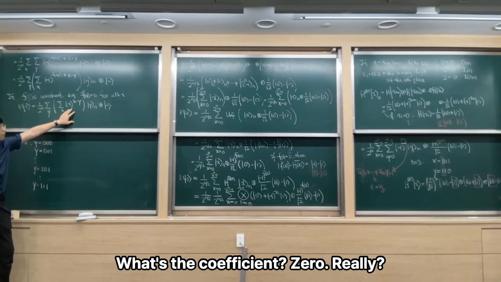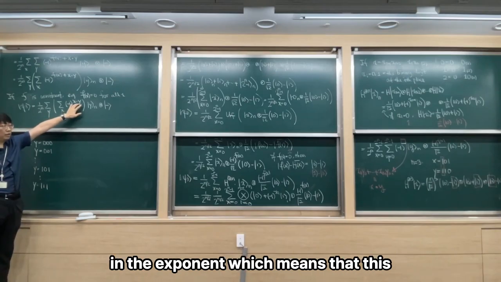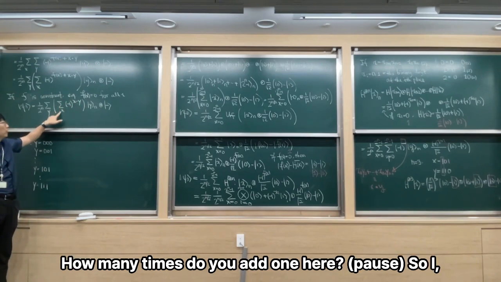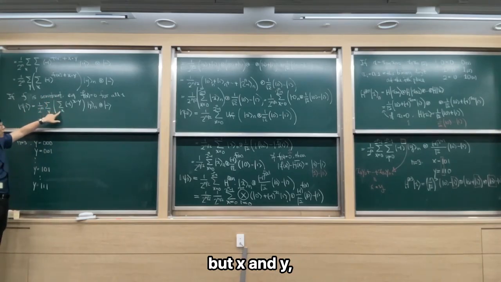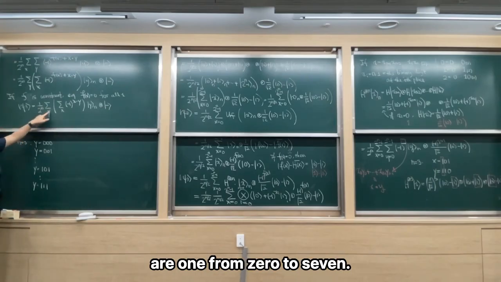0. Really? Because everything is 0 in the exponent, which means that this minus 1 to the power is always 1. How many times do you add 1 here? So I omit the index here, upper and lower, but x and y, in this case, since n equals 3, run from 0 to 7.